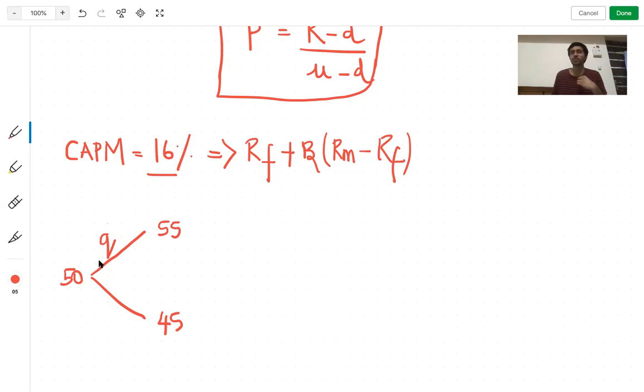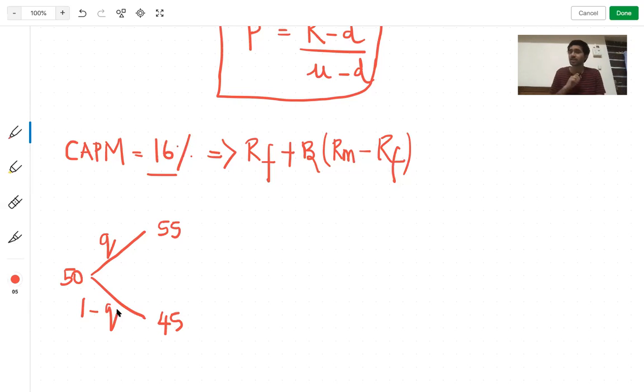I'm denoting the probability of 50 becoming 55 as Q and 50 becoming 45 obviously as 1 minus Q. Now if you actually look at it, the current share price, which is 50, should be nothing but the present value of the future expected cash flow, where expected cash flow is 55 into Q plus 45 into 1 minus Q, discounted at the required rate of return.